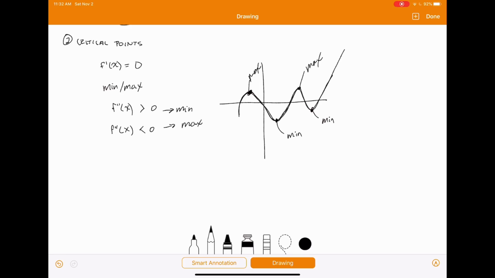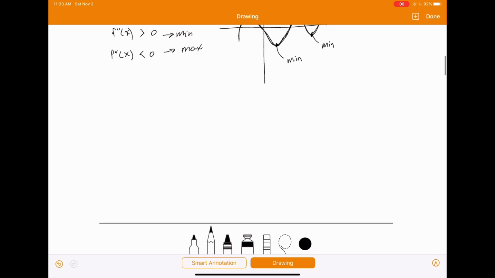All right. So let's go ahead and look at an example here. If we've got f of x equals 1/5 x to the 5th plus 2/3 x cubed minus x to the 4th minus 4x squared plus 10.